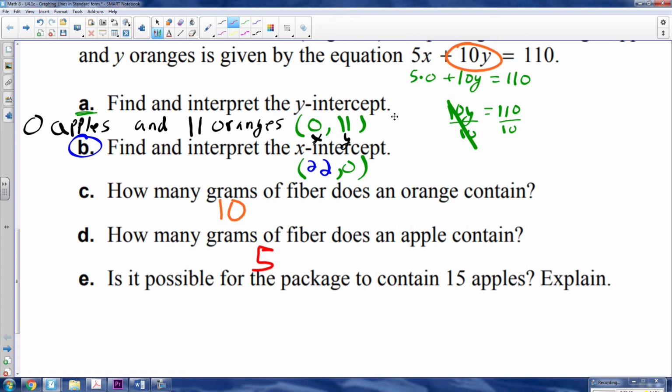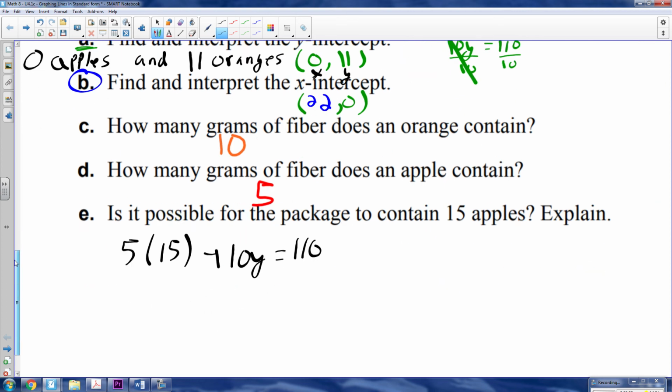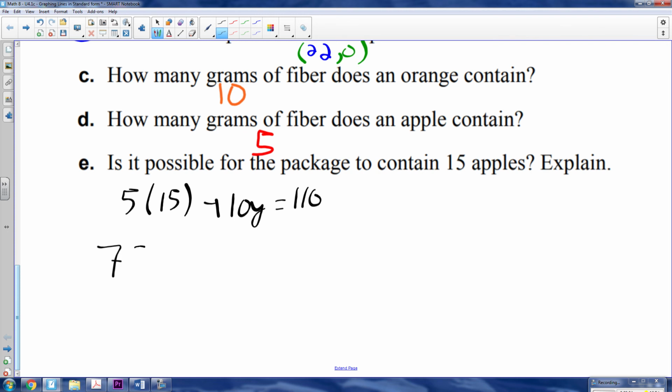It would be 75. Cool, so 5 times 15, and then we're going to plug in 15 for apples, right? Plus 10y, we don't know what that is. And that's 110, right? So you said 15 times 5 is 75 grams of fiber, which is less than 110. So there's still space left, right?